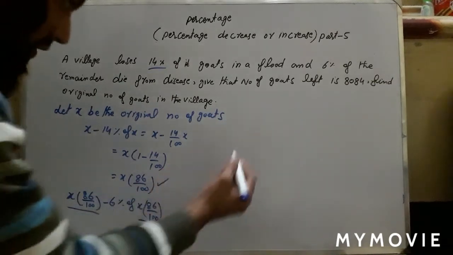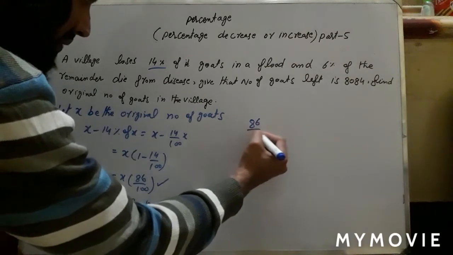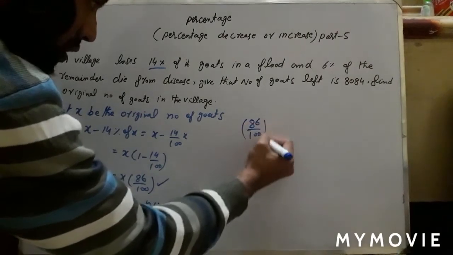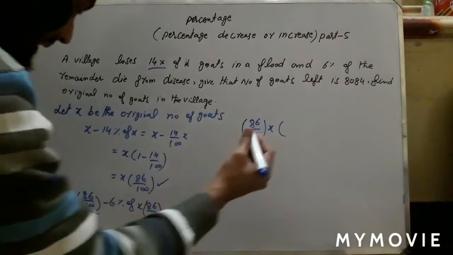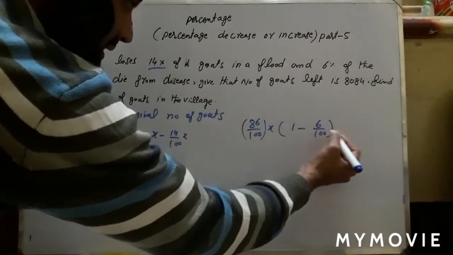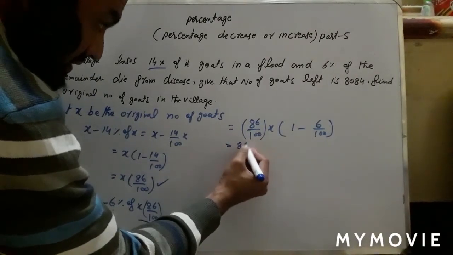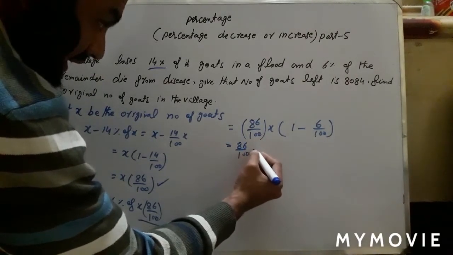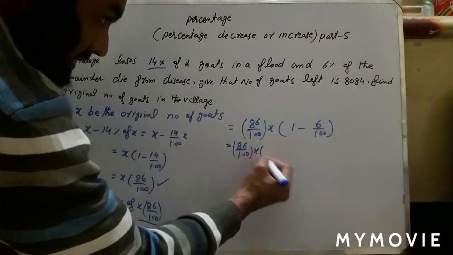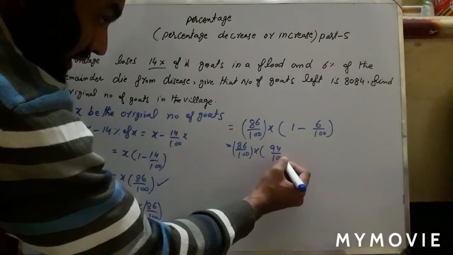And this one you write: 86 divided by 100 common, and 1 minus 6 by 100. So this one is 86 divided by 100 times x, and this value is 94 by 100.